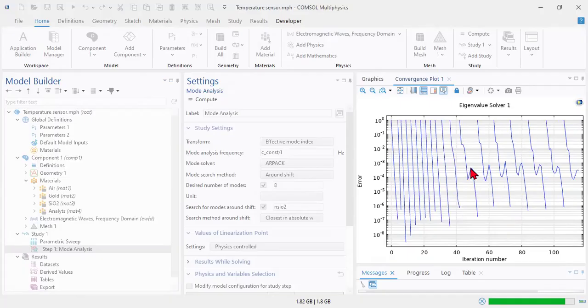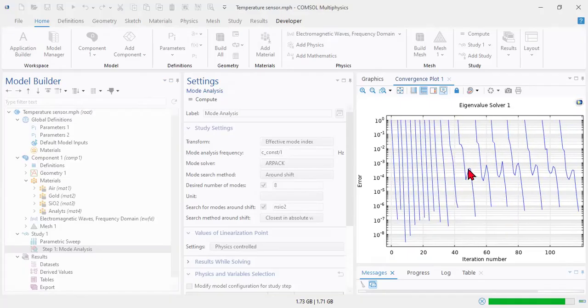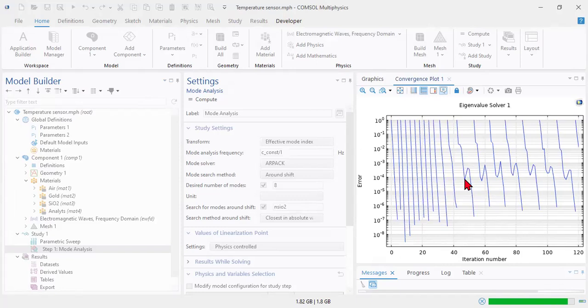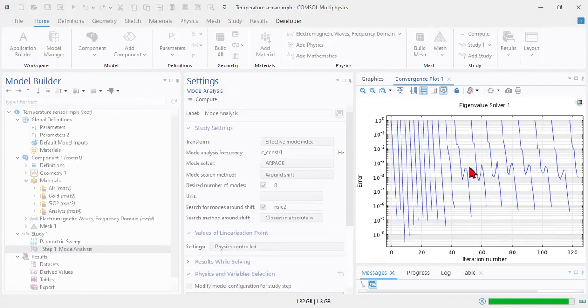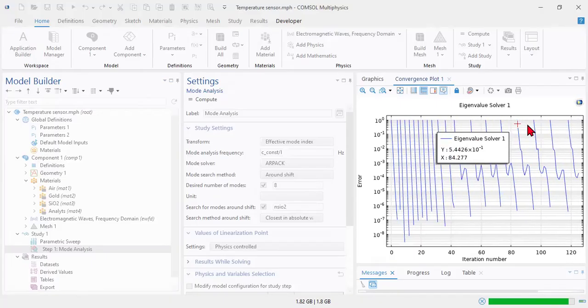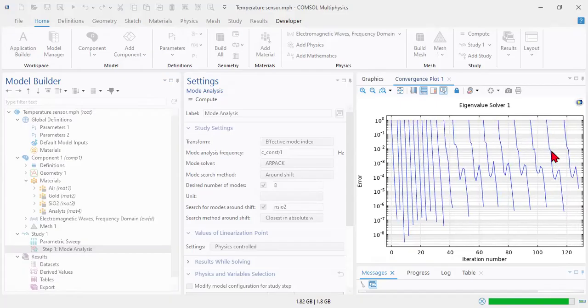Here you can see that at some points of iteration the error is increasing, and at some points the error is decreasing. Sometimes you see in your model that by increasing the iteration number, the error keeps increasing and increasing, not decreasing. Then your solver will show some errors.